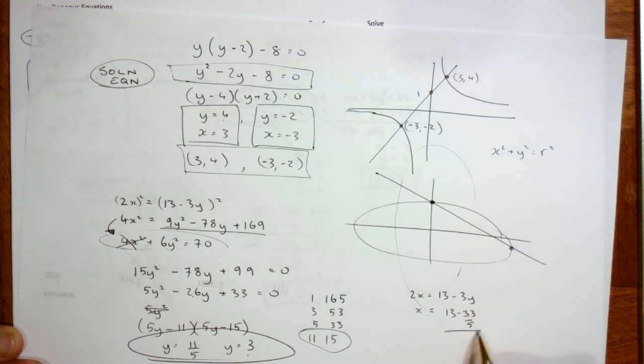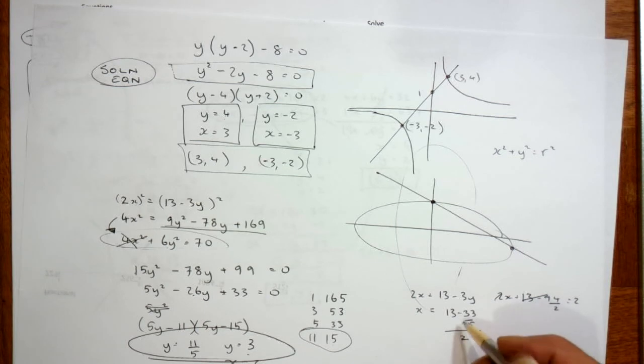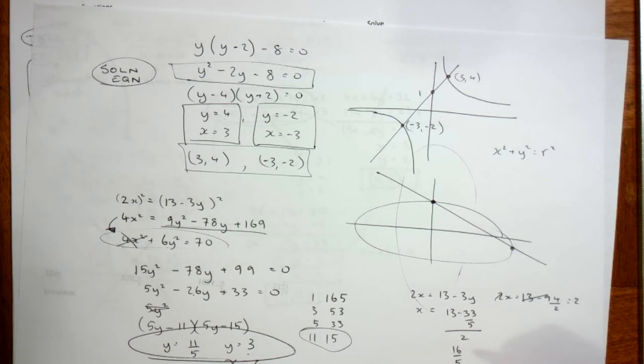So x is equal to that divided by 2, and the other one is 2x is equal to 13 minus 3 threes, which is 4, divided by 2 is equal to 2. So when y is 3, x is 2. When y is 11 fifths, 65 minus 33 is 32, 16 over 5. So x equals 16 over 5.